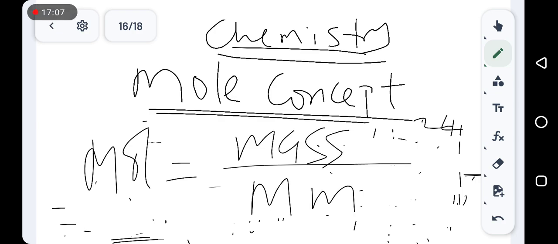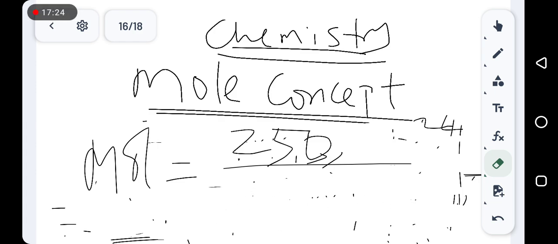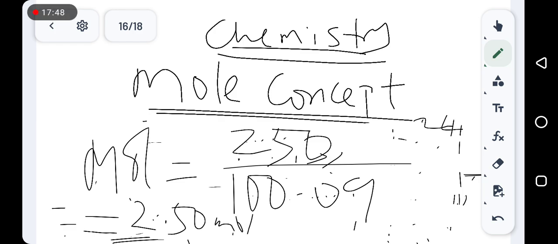We replace the mass by 250, then the molar mass by 100.09. When we divide this, whatever it gives us is the number of moles, which is 2.50 moles. So this is the answer.